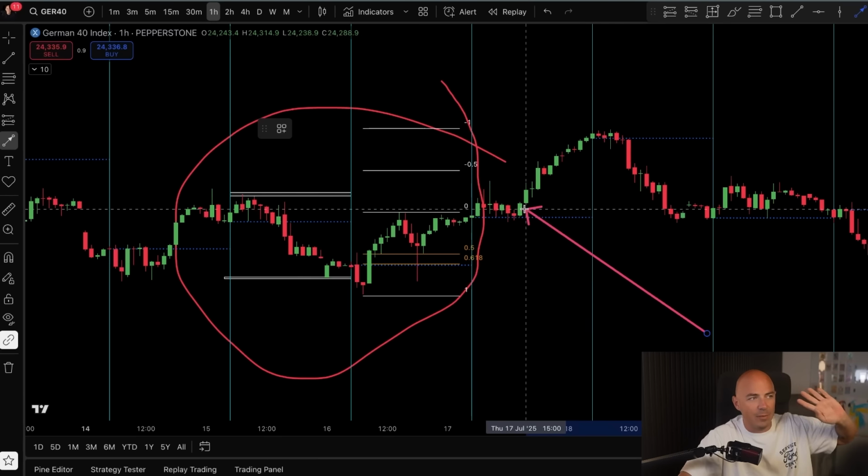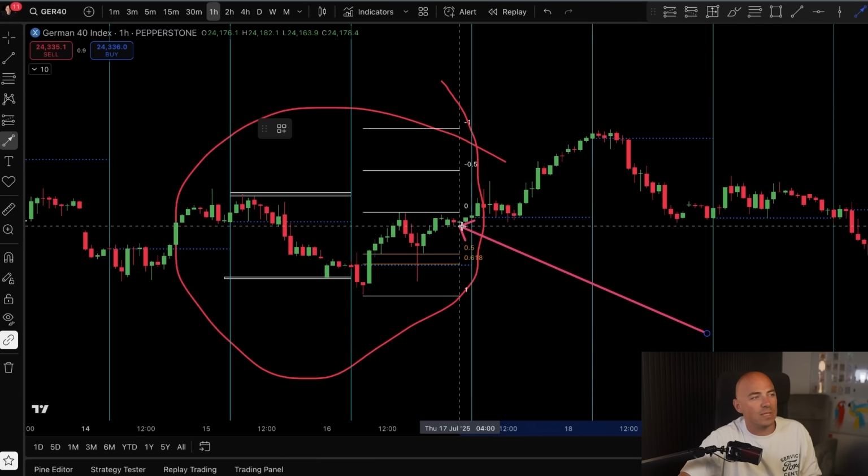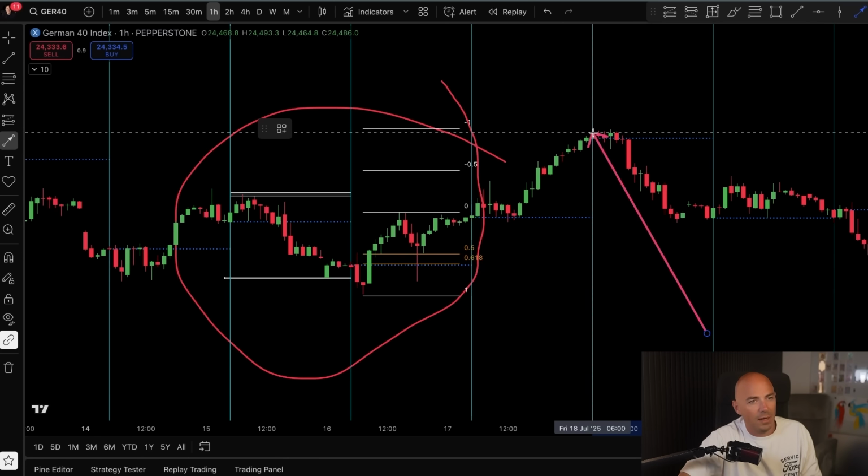And this is not a tiny move, people. This is on the hourly time frame. So this move was a monster. From the Fib gold zone at 24,000 up to its top, 24,490. Again, so lethal, it should be illegal.